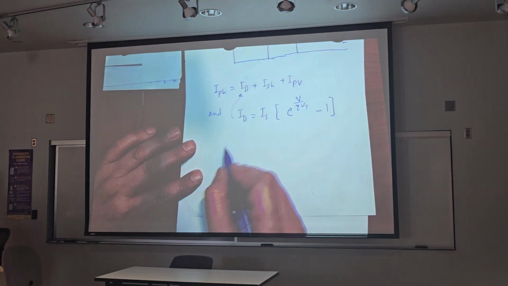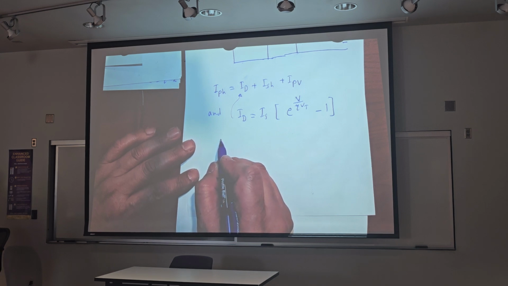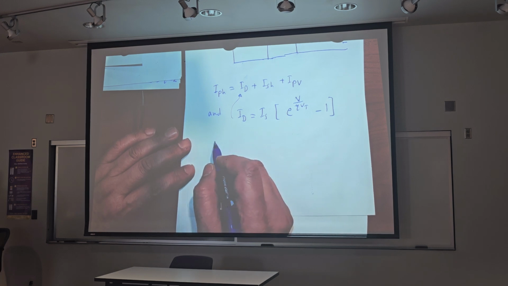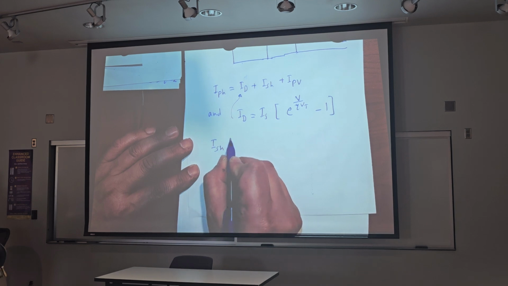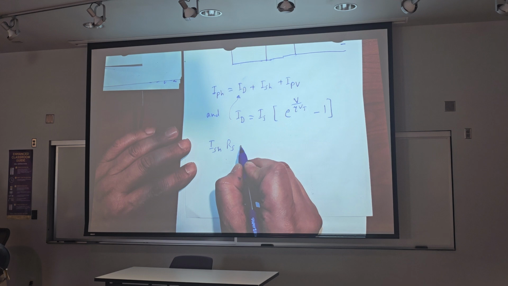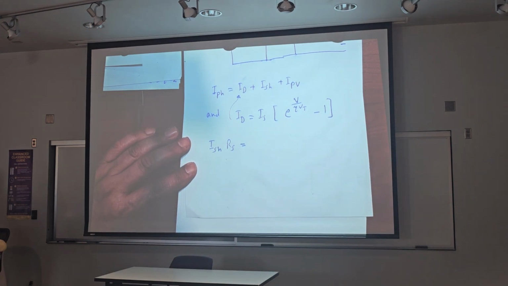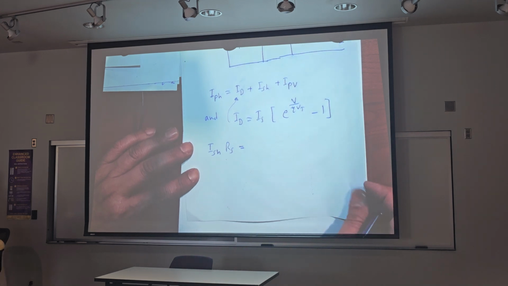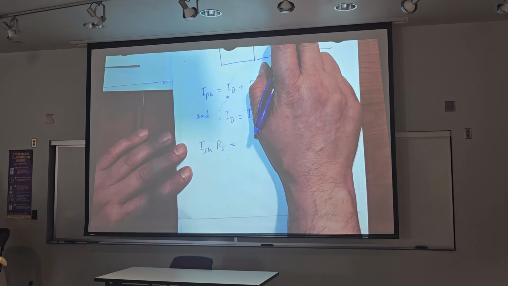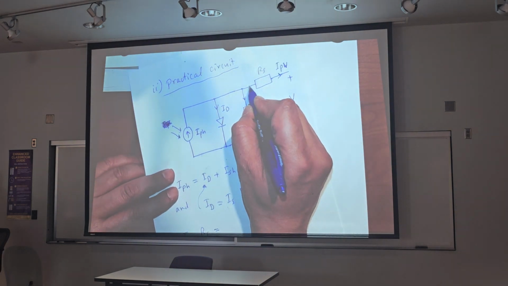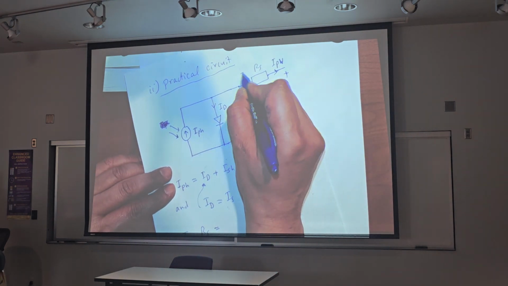I shunt, across R shunt, this voltage equals I_S R_S plus V. Same I_PV, but this I_S.